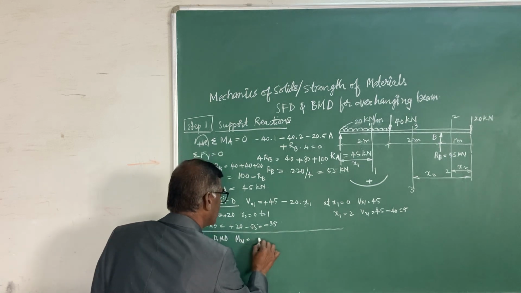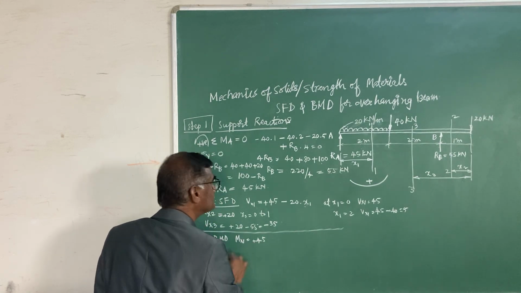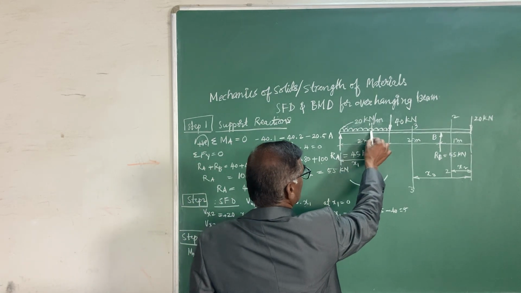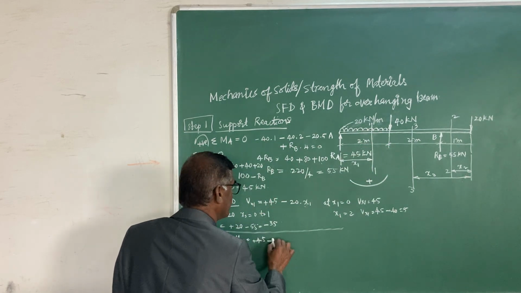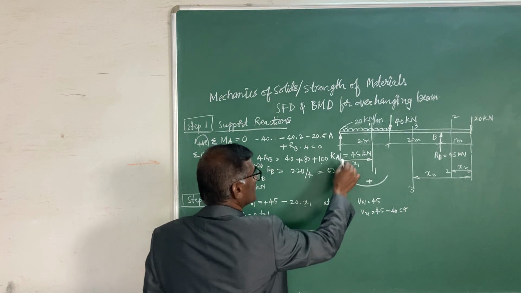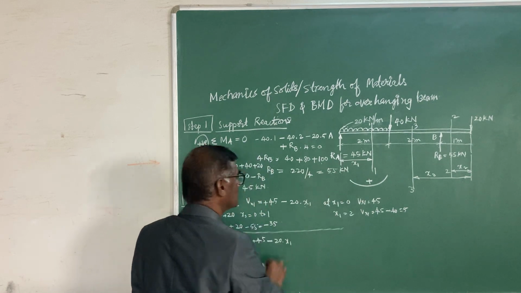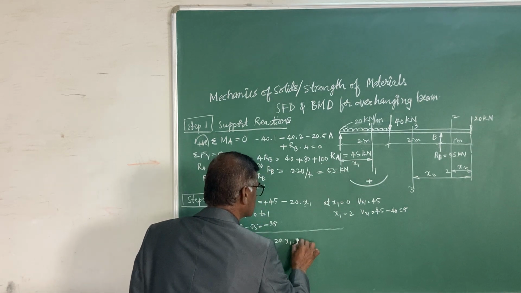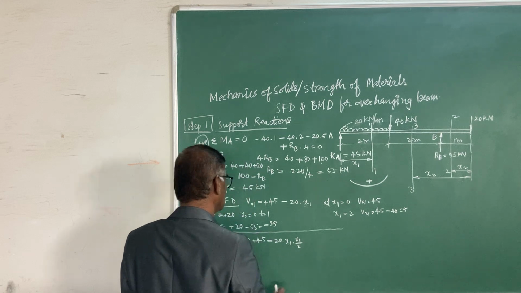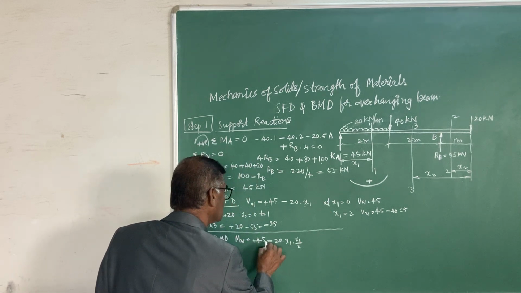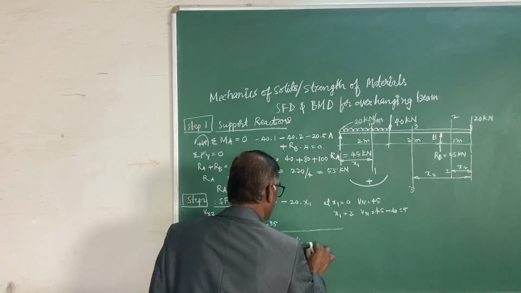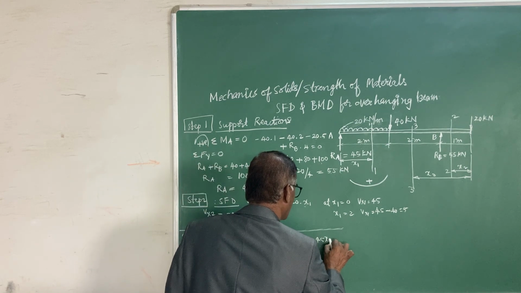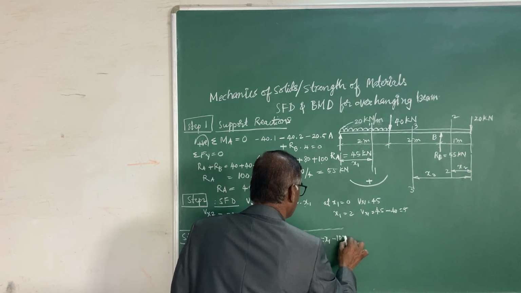Whereas the moment contributed by the 20 kilonewtons is a sad effect, so it is minus 20 into x1 is the force, and the moment arm is x1 by 2. So here 45 into x1, minus 10 x1 square.